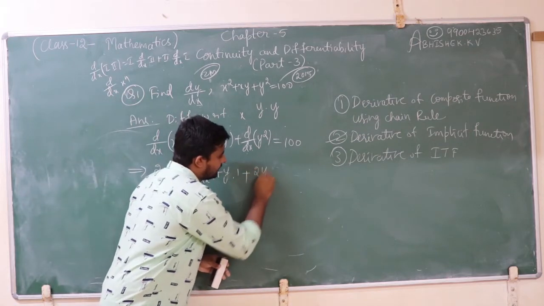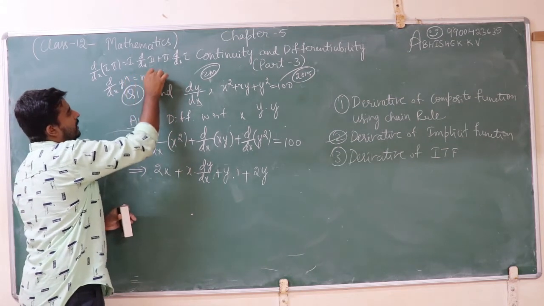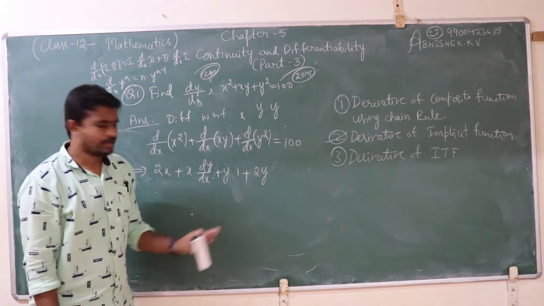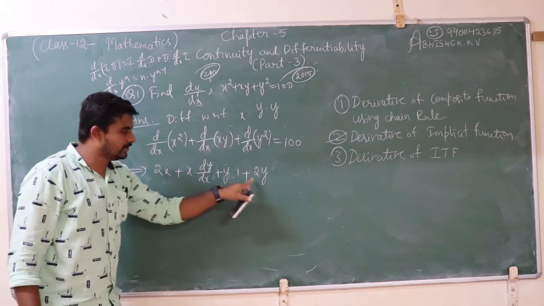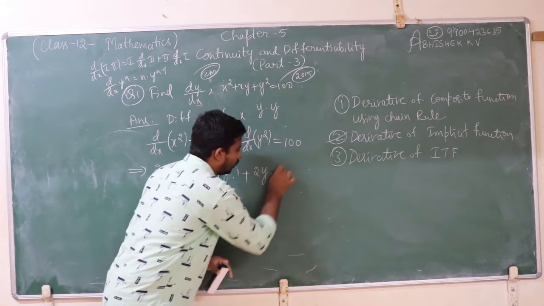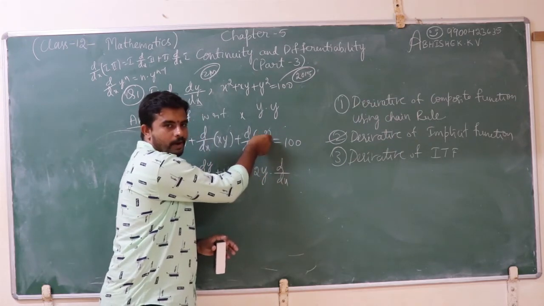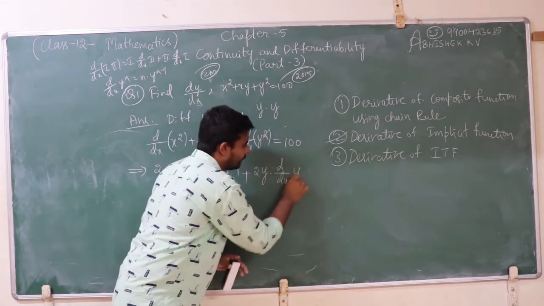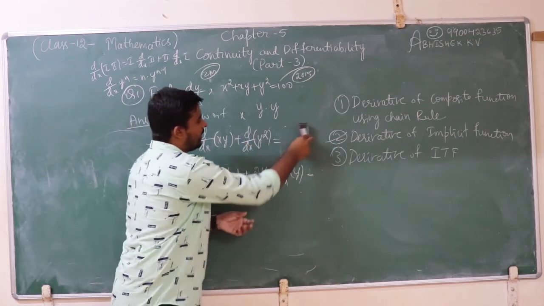If I am going to consider the derivative of y to the power of n, it is n into y to the power of n minus 1. That is 2 into y to the power of 2 minus 1, which gives 2y, into the derivative of the remaining function. This is equal to d by dx of 100.